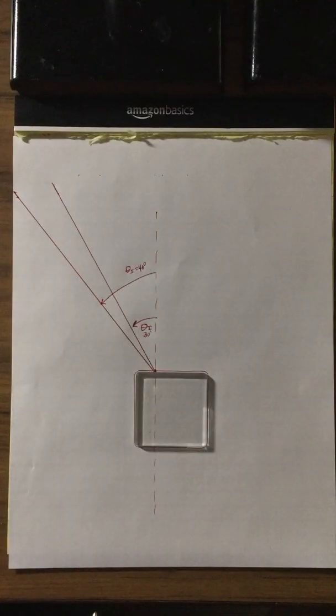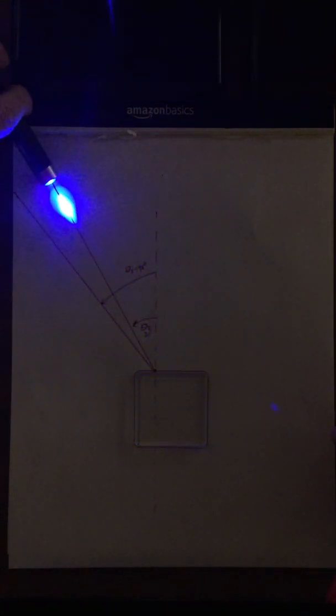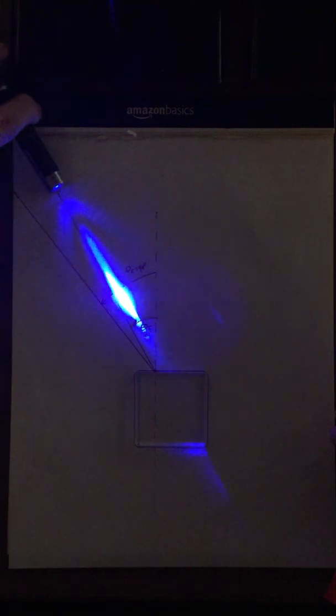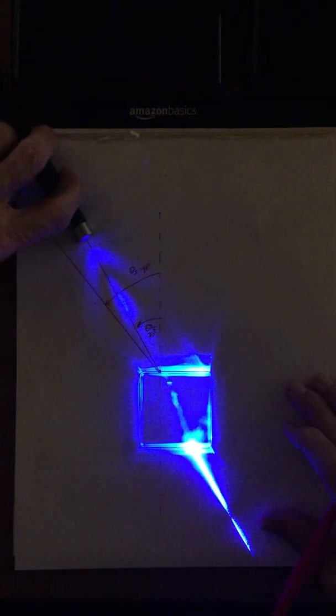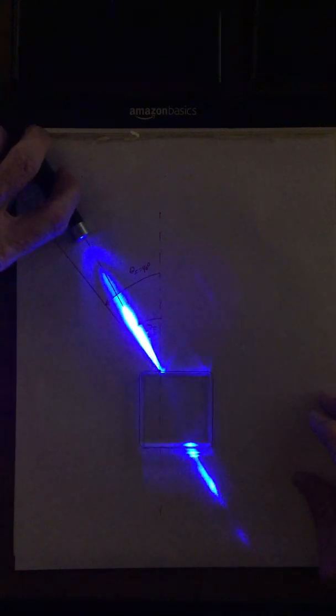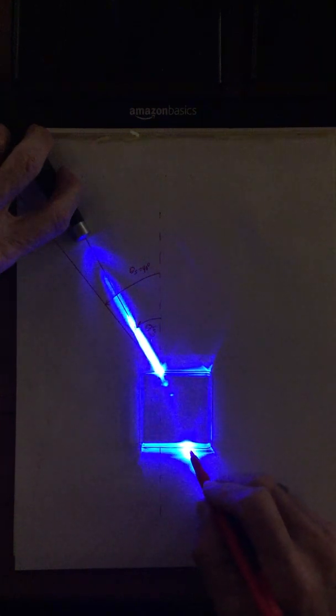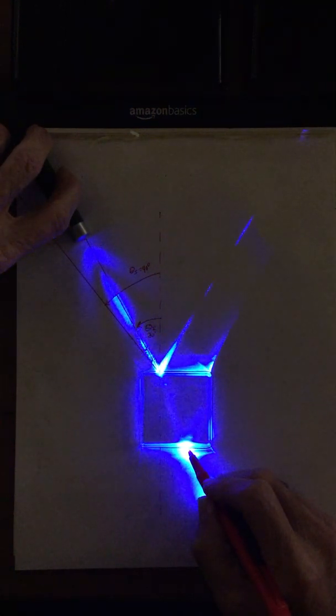So I'm going to go ahead and dim the light down, and I'm now going to take the laser light. I'm setting it on the line, and I am putting it towards this tile, and I want to see where is it exiting.